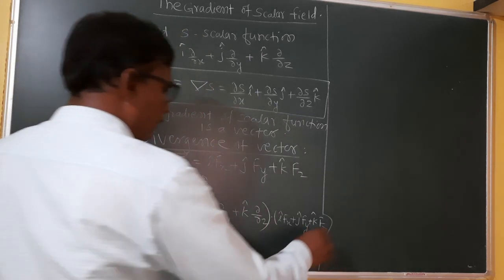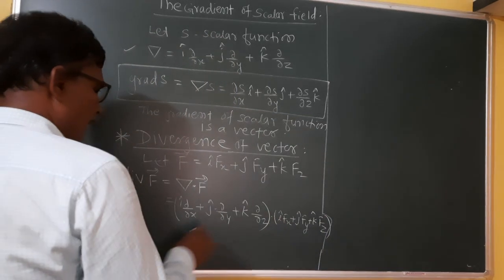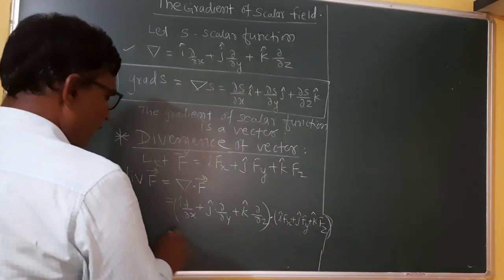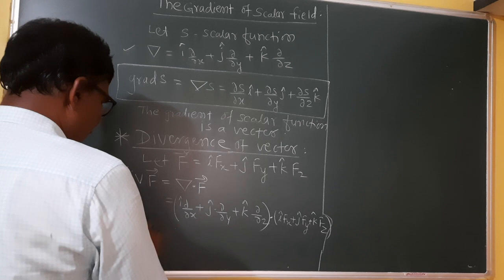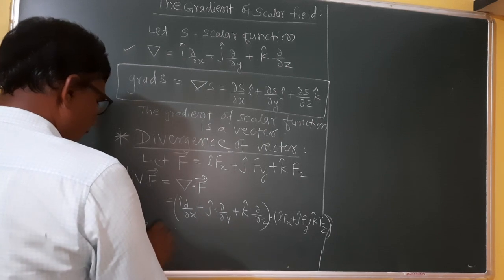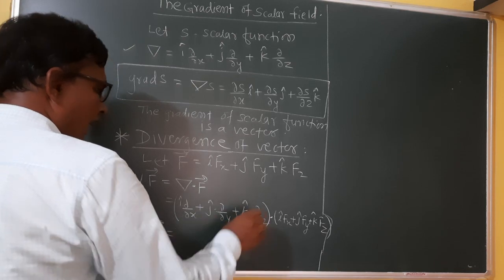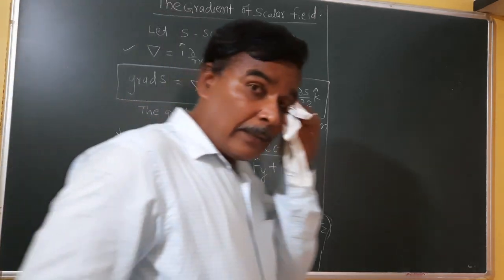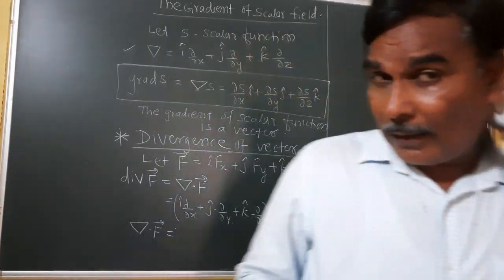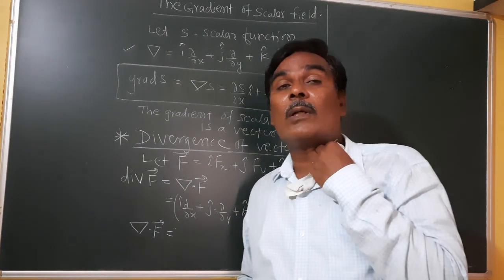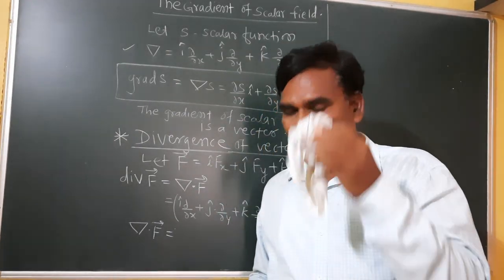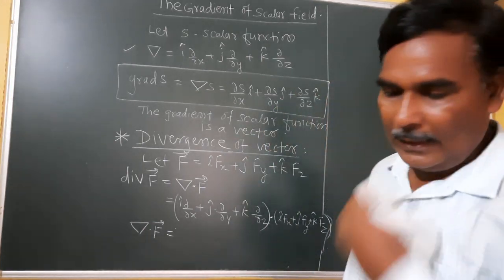Since i dot i is 1, j dot j is 1, and k dot k is 1, the dot product of two similar unit vectors is 1.